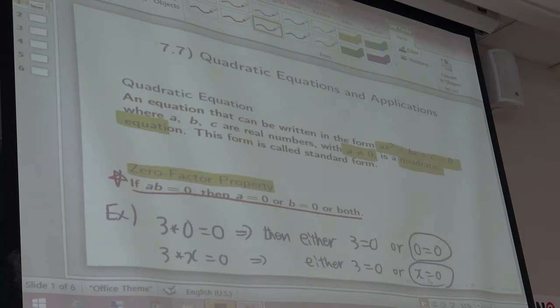For this case, x is true. So that is the zero factor property. When the product is 0, at least one of them should be 0. It looks obvious and simple, but it is really important.